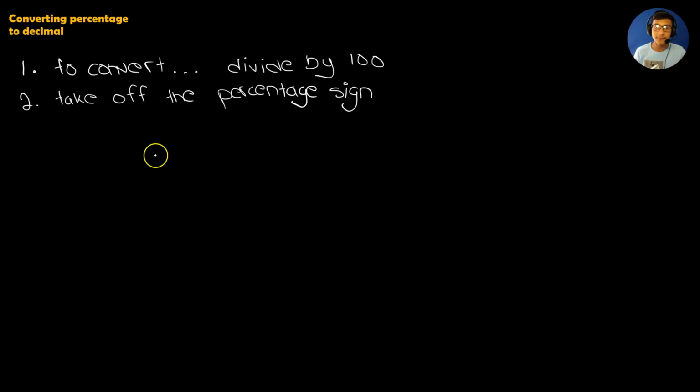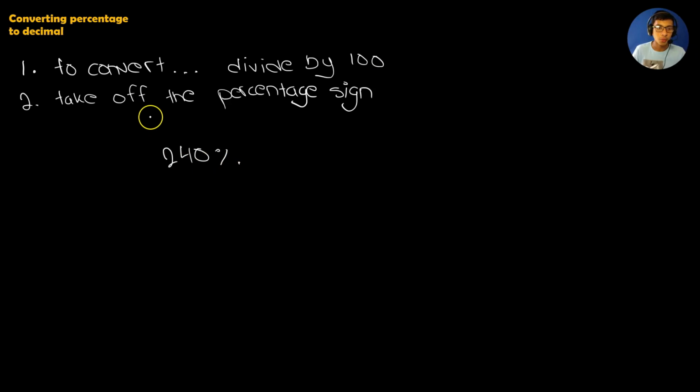So now let's try another one. What if we have a percentage which is more than 100%, for example 240%? Friends, don't worry and don't freak out, because we just simply follow our two steps here.